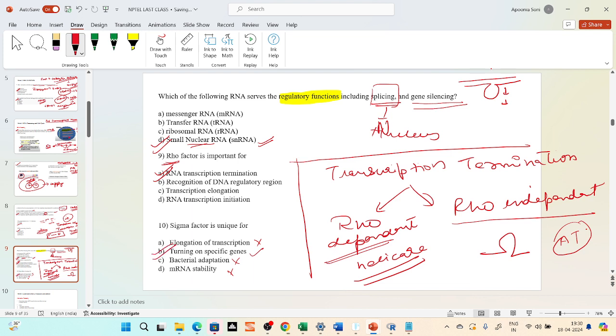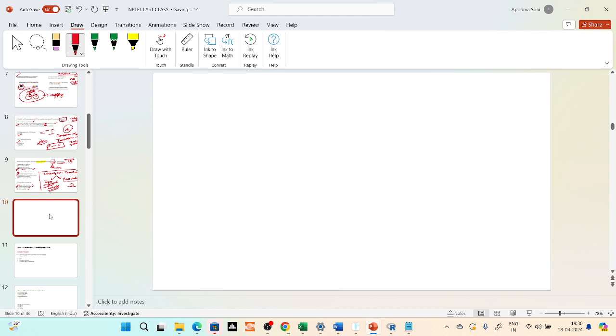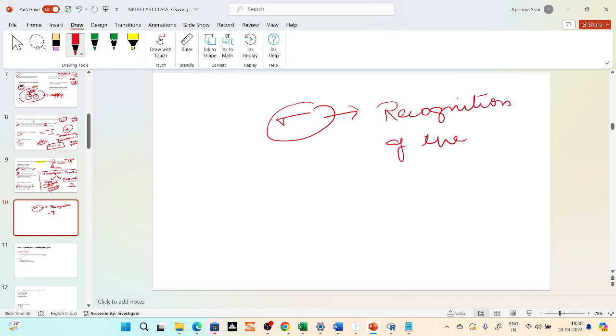How? See, sigma factor is responsible for recognition of the promoter sequence. Okay.